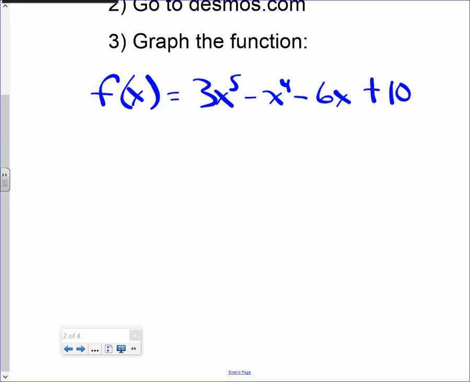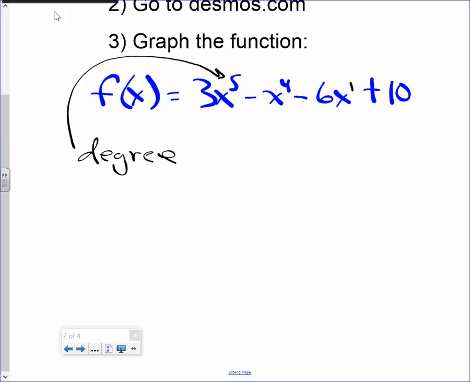Let's review what I went over 2 days ago before we took the break. That highest exponent right there is called a degree. That's the degree. So this is a polynomial function of degree 5. Also, this x, even though you don't see an exponent on the x, it's automatically raised to the 1st power. Go ahead and put that there for me.